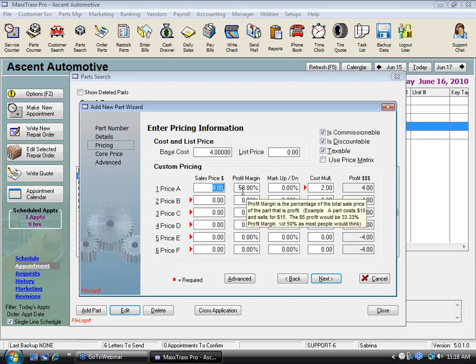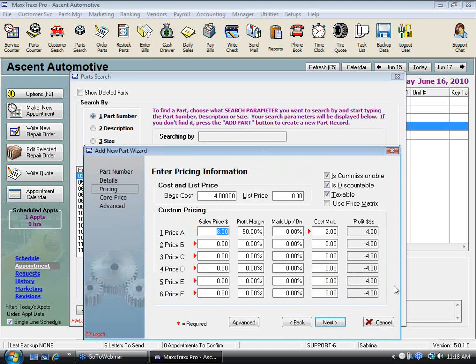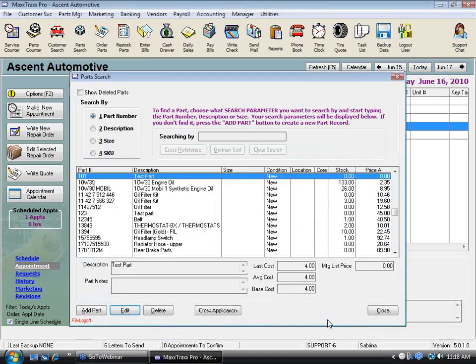But you guys know as well as I do that you can't always get away with charging your target parts pricing profitability, right? So let's add this part. We'll just finish this. What part number is it? I think I came up with 101. Click Finish. So it's part number 101.